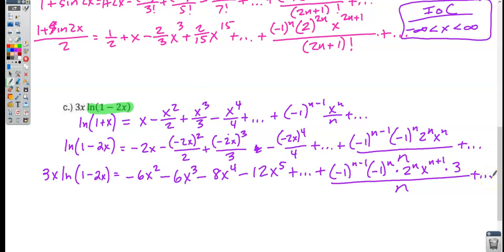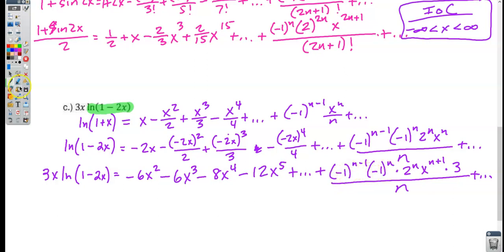Now, the one thing that I would like to do is multiply these out, the negative 1 to the n minus 1 and the negative 1 to the n. When I multiply these out, because of the way that my terms are generated, we always end up with a negative 1. Because if I multiply these two together, I've got the quantity negative 1 to the 2n minus 1, which for all values of n is going to be an odd number.